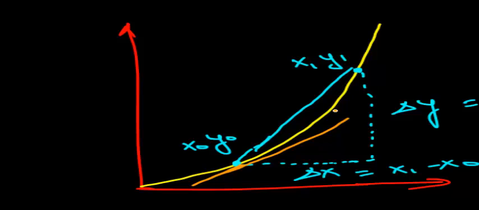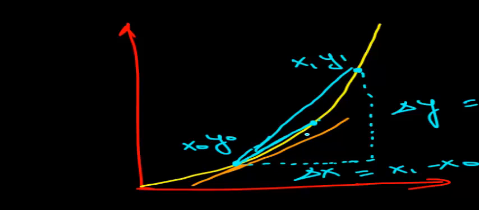We have a clever method to find the slope of this tangent. We are going to bring this point closer to your first point, x0, y0, and then find the slope of this new point with x0, y0. That is going to be the slope of the line joining these 2 points now. The slope is getting closer to the slope of the tangent, right?